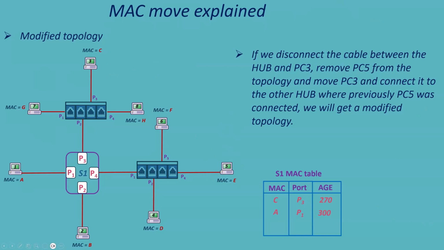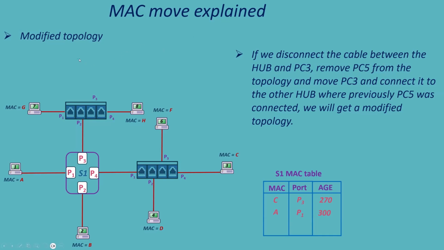So, kind of simulating a MAC move. The PC has moved, but PC3 is not going to send data for now. If it would send the frame, then the switch will update its entry, but PC3 is not sending its frame as of now.